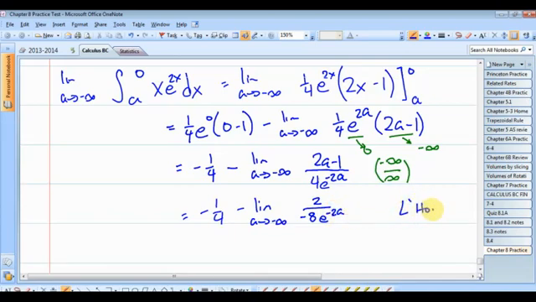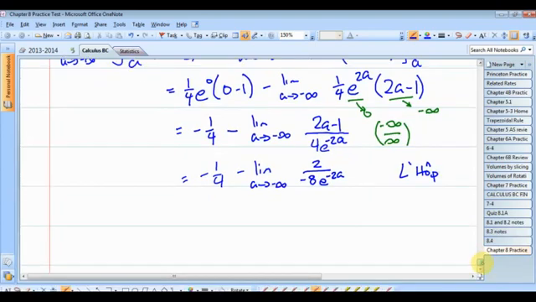L'Hopital. Negative 2? Okay, now as a goes to negative infinity, where does this go? E to the negative 2a goes to infinity. 2 over a very large number is 0. So this is just negative 1/4.